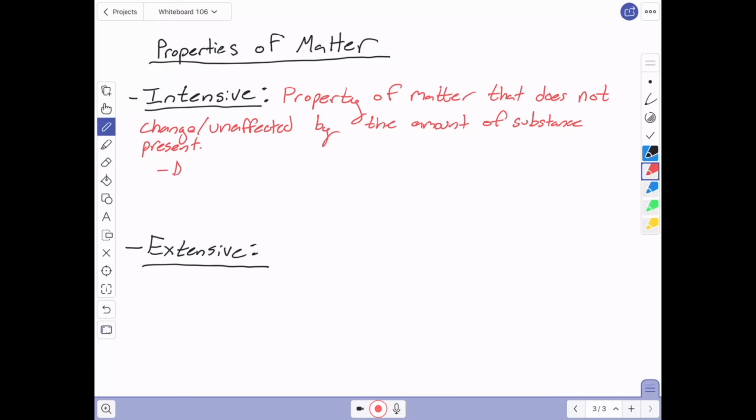So something like density. No matter how much of the substance you have, its density will always be the same.